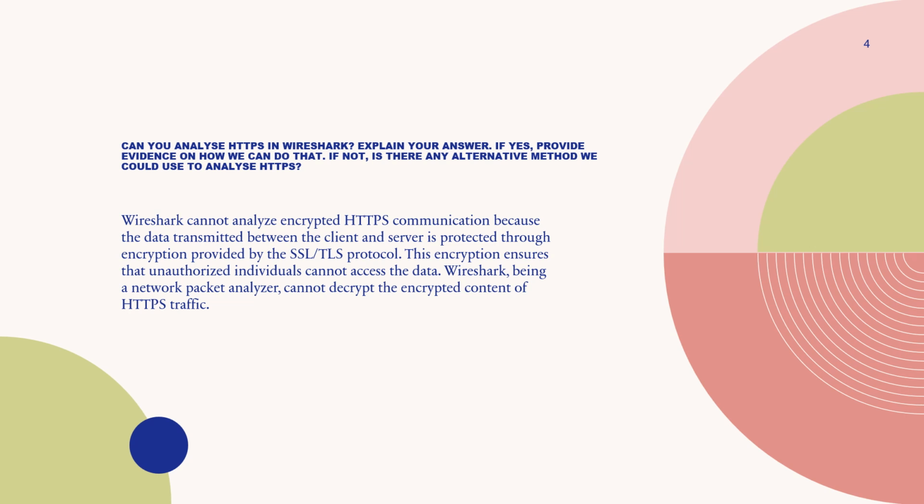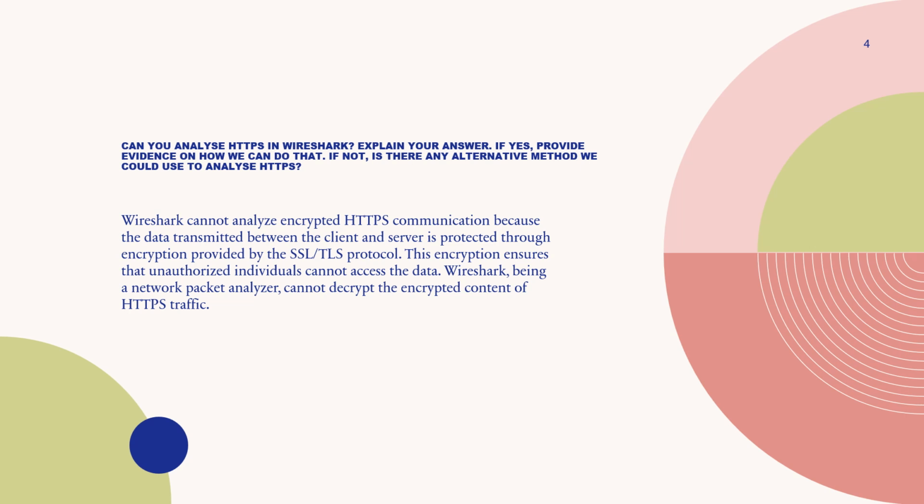The next question is: can you analyze HTTPS in Wireshark? Explain your answer. If yes, provide evidence on how we can do that. If not, is there any alternate method we could use to analyze HTTP?